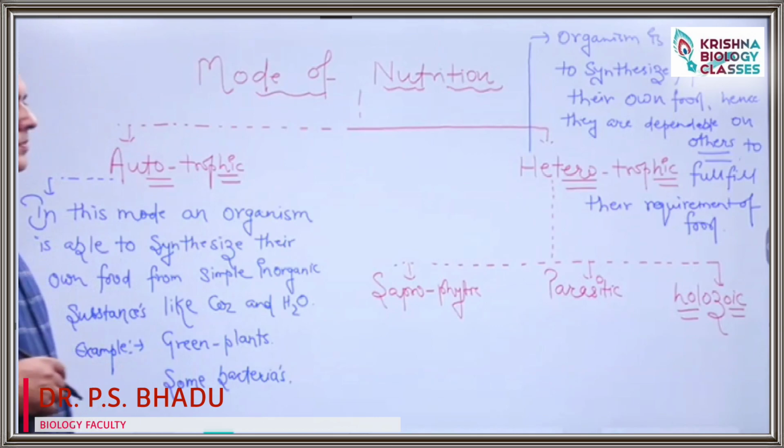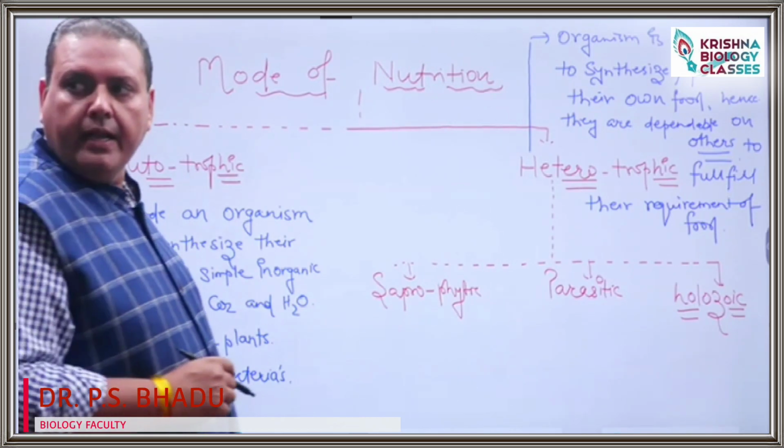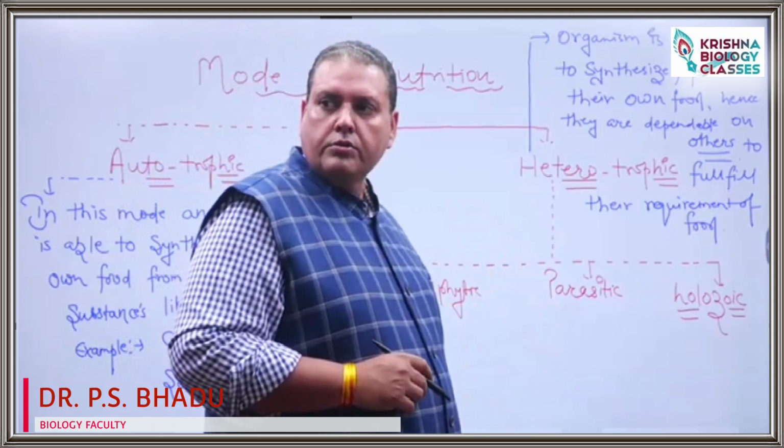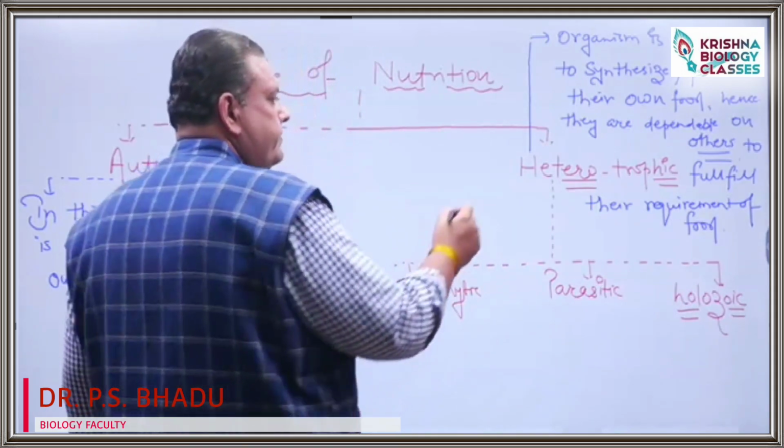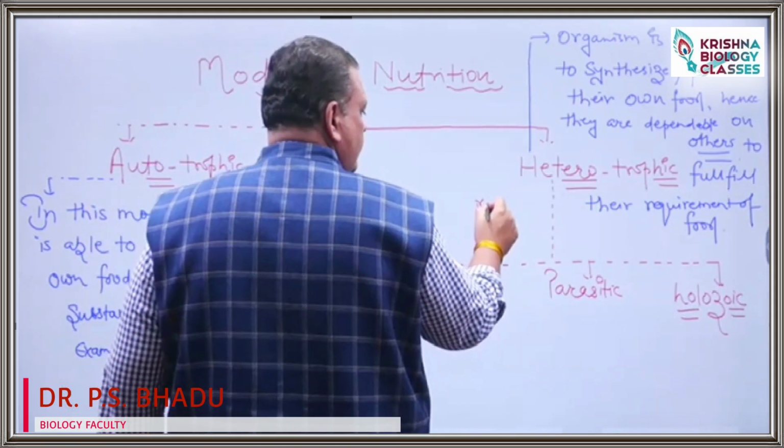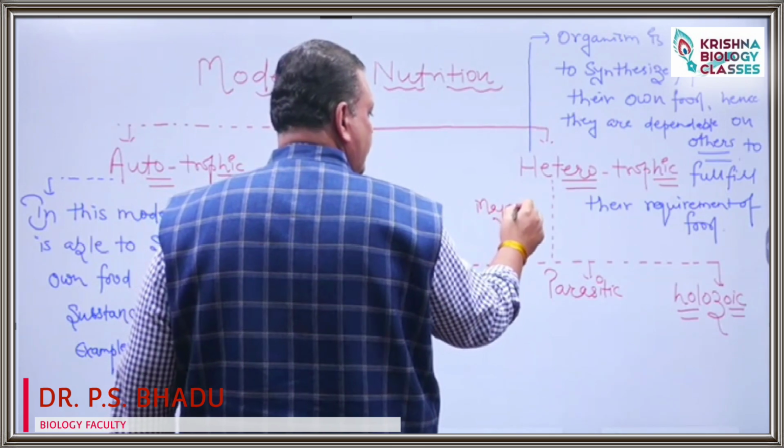So, the major types or major forms of the heterotrophic nutrition are saprophytic, parasitic and holozoic.